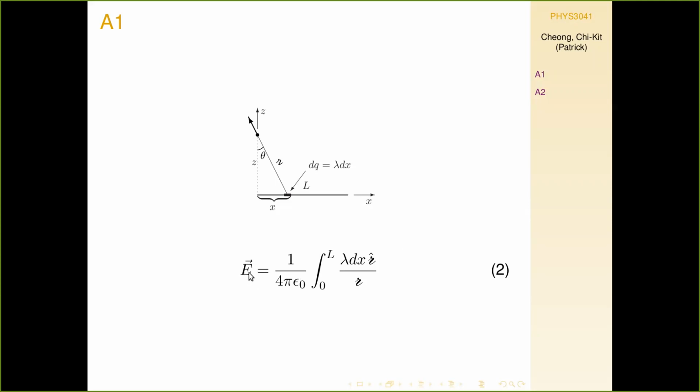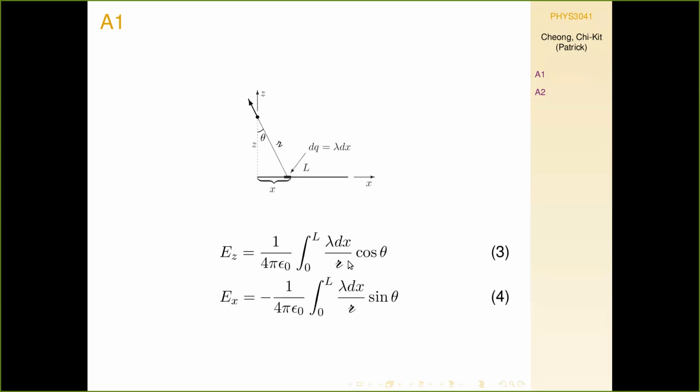Note that the electric field is a vector, so it is not that straightforward if you do the integration directly. So the best thing for us to do now is to decompose it into two directions, the z direction and also the x direction.